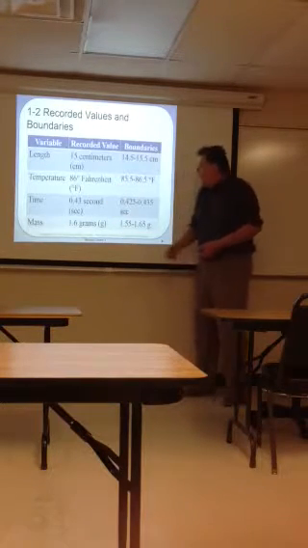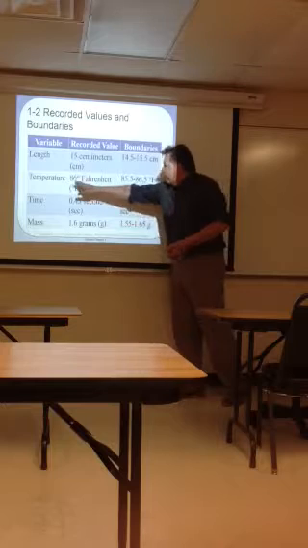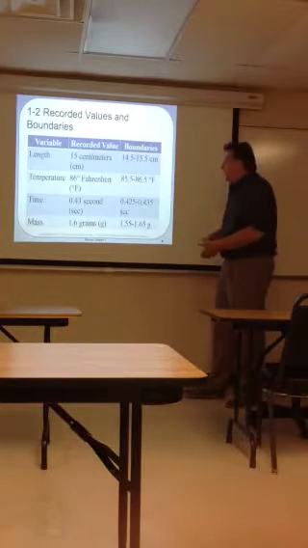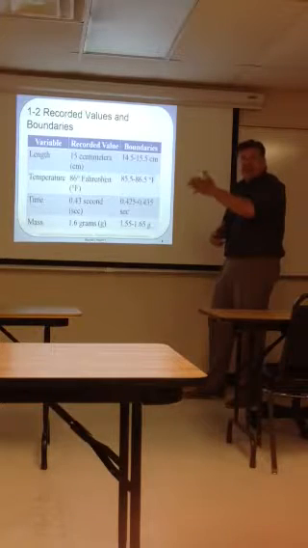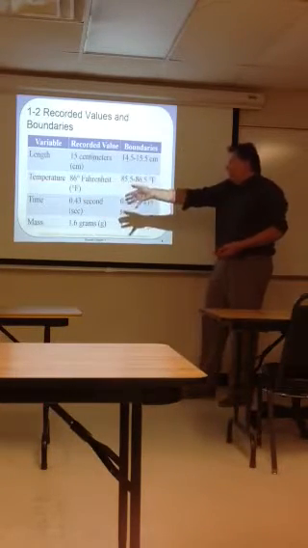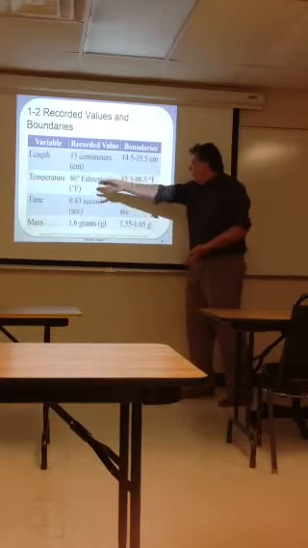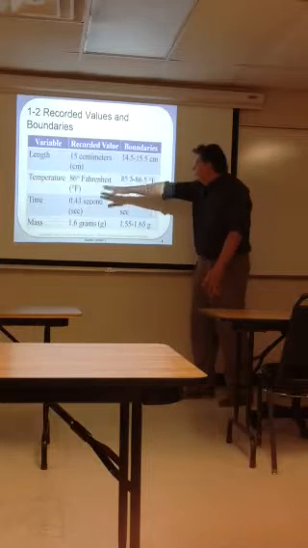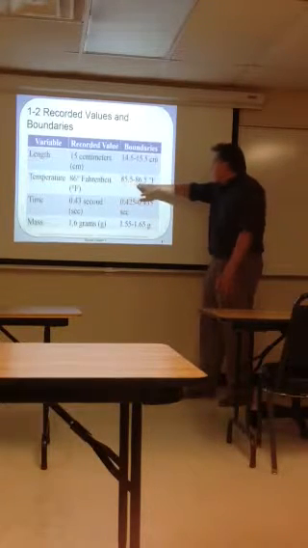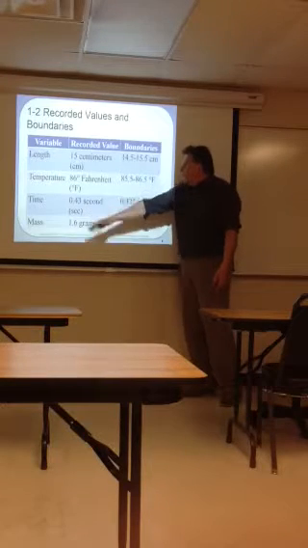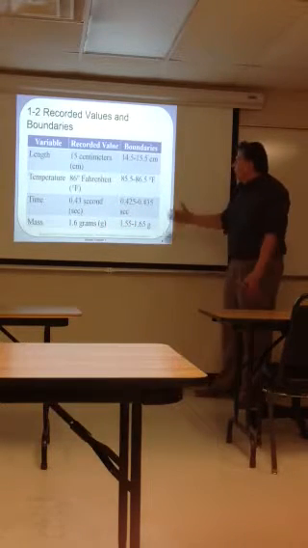Talk about Fahrenheit temperature again. We have 86 degrees, so we're going to create a boundary for that. It would be halfway in between the next recorded value. So 85.5 degrees to 86.5 degrees would be our boundary. And time, we can do the same thing.